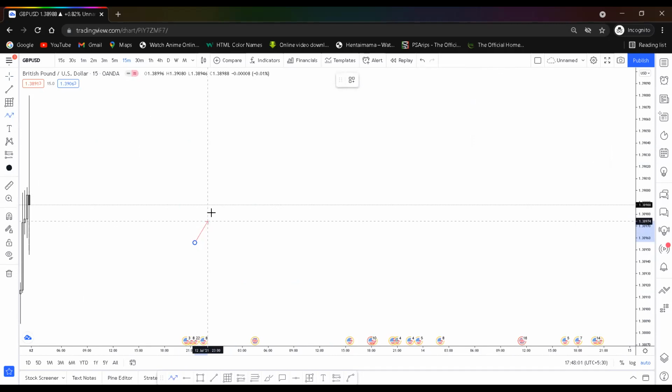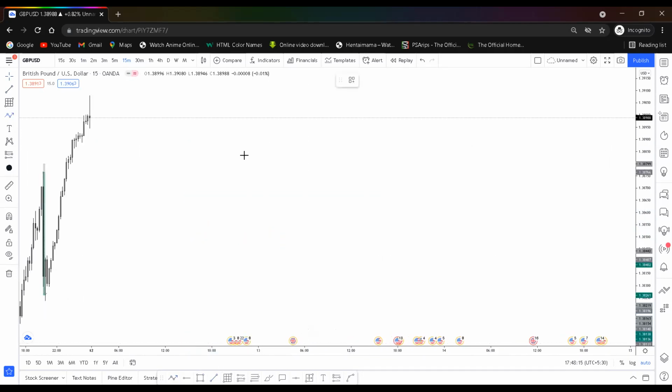It consolidates, which means the banks and the central banks and everyone are stacking up orders, which means they're inducing something. Now I'm talking about a bearish situation. Price comes back down like this, and this was last day's New York.